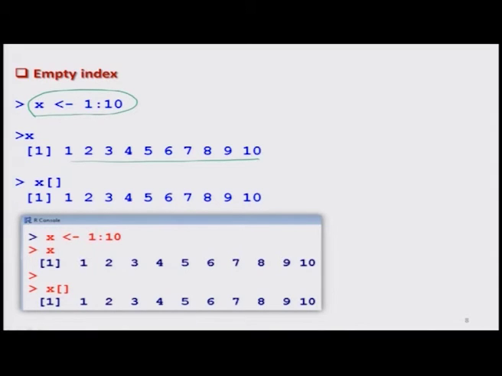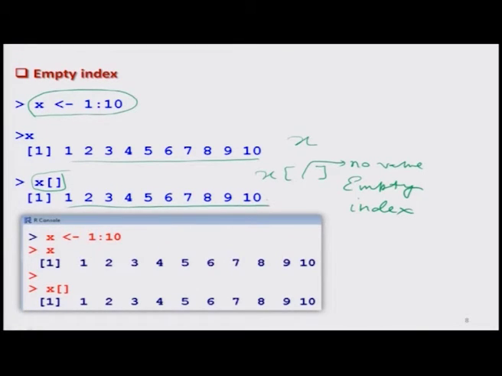I have two options to get these values: either I simply write x, or I write x and inside the bracket there is no index, no value, but an empty index. Even then I get the same values, and this is the screenshot.